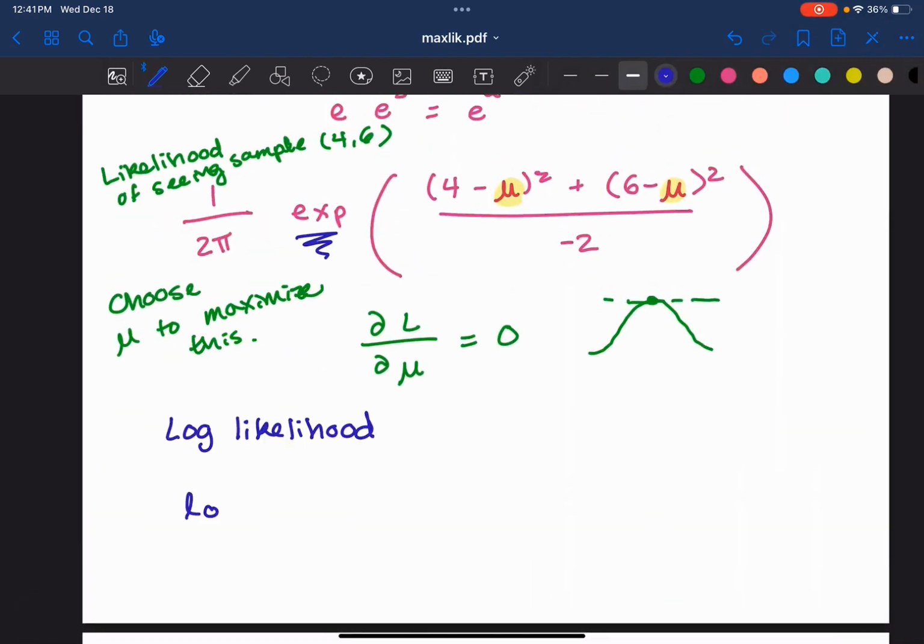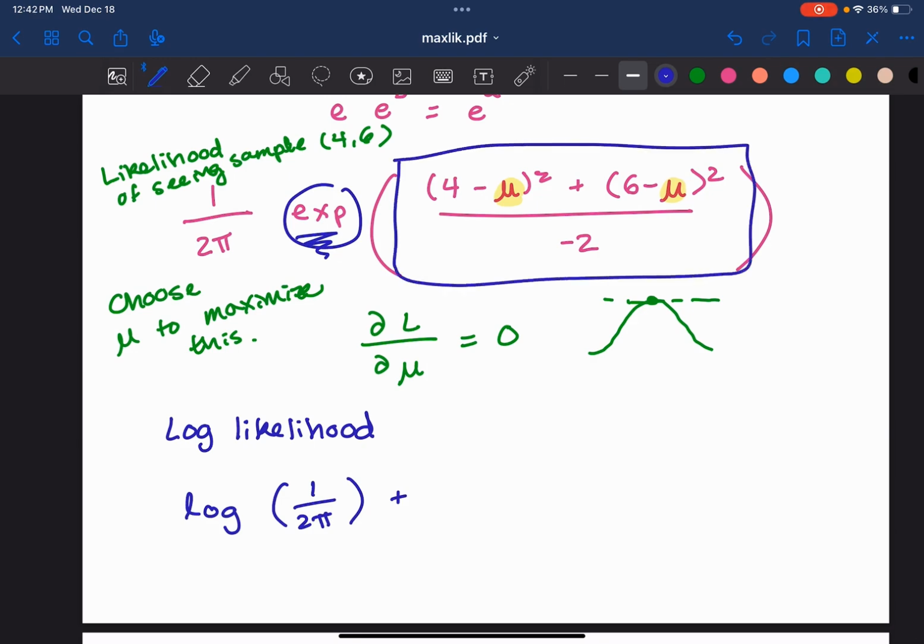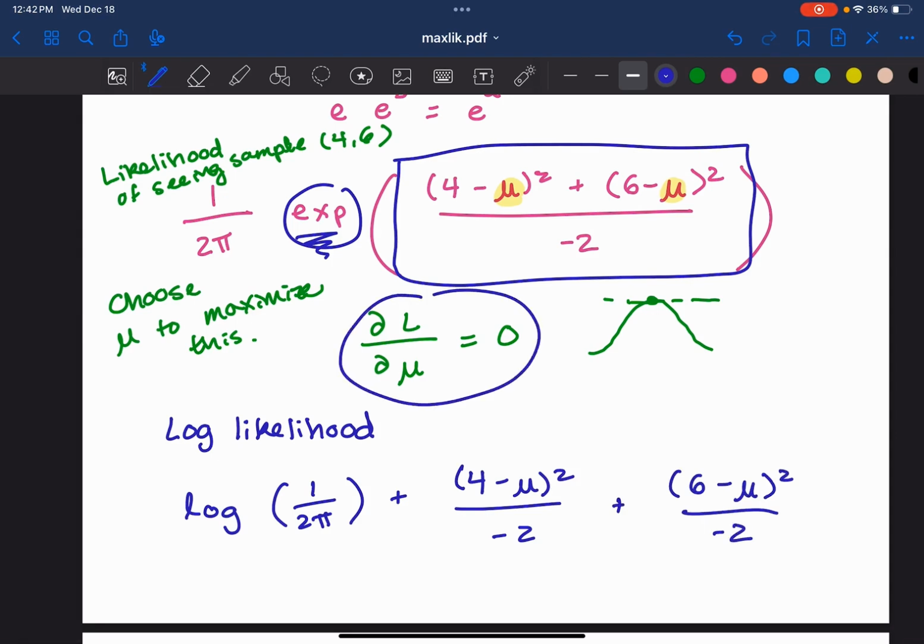It is log of 1 over 2 pi plus the log of the exponential function of this, which just simplifies to being this: 4 minus mu squared over negative 2 plus 6 minus mu squared over negative 2. I'm going to take the derivative of the log likelihood function with respect to mu, and then set it equal to 0.